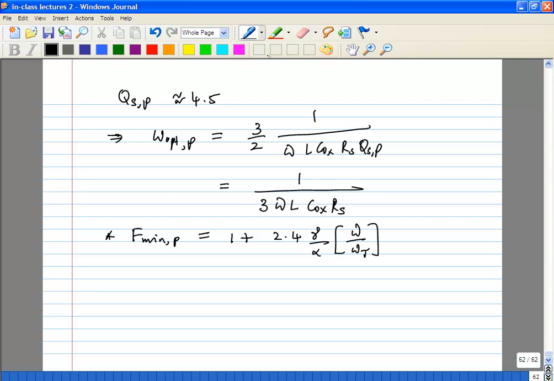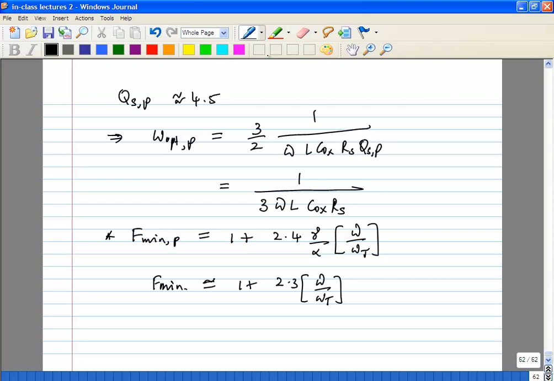If you remember your earlier F min, if you put in gamma and delta values, you'll see that it's approximately 1 plus 2.3 omega over omega t.